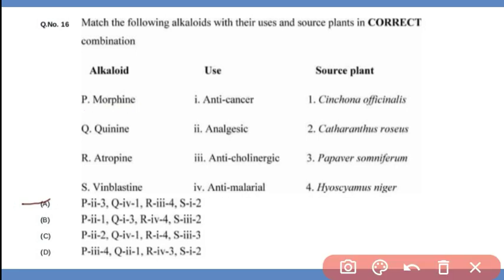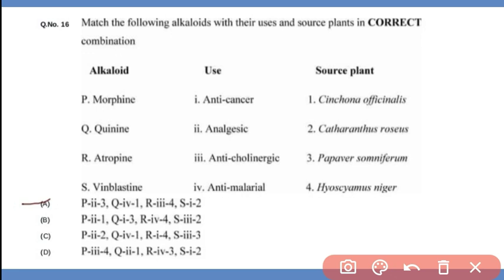The source plant for morphine is Papaver somniferum, or opium poppy, and this has been used medicinally for 5,000 years. It is a source of three important alkaloids including morphine, codeine and papaverine.